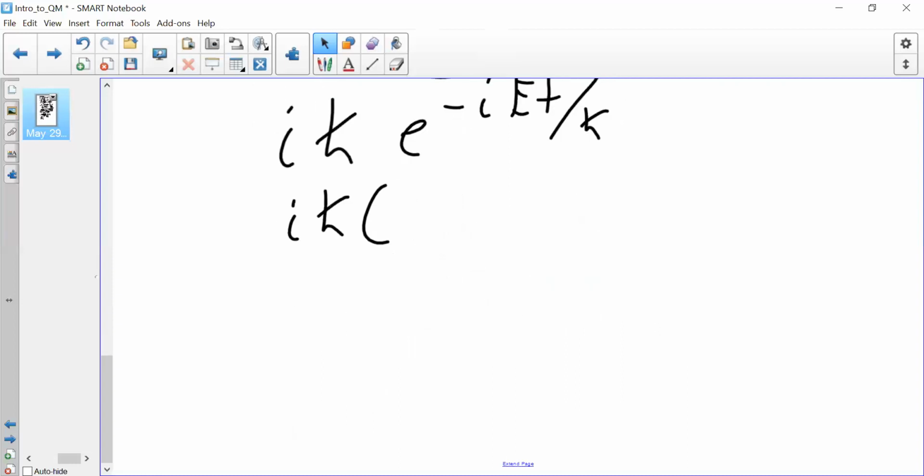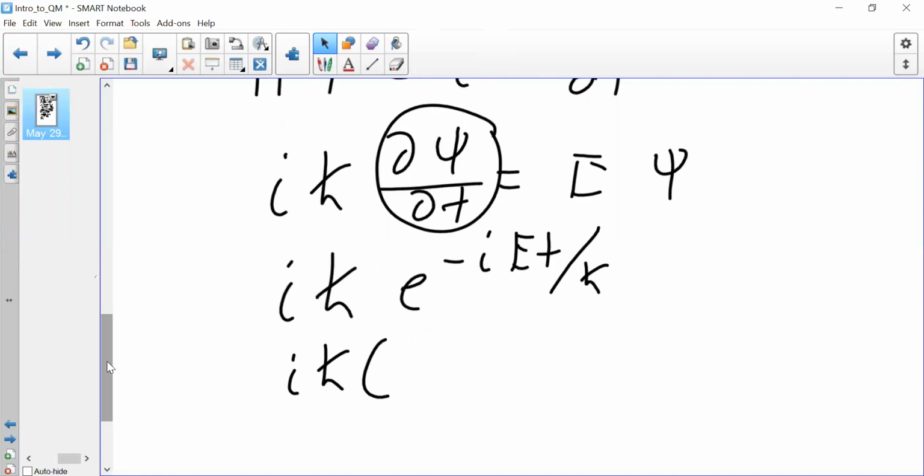One way we can do this, it's going to be pretty easy, is that we know from first principles, that I showed you before, that the energy of a wave is equal to hf. We also know that the angular frequency, omega, is equal to 2 pi f.